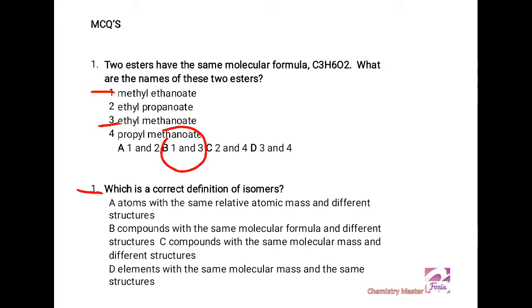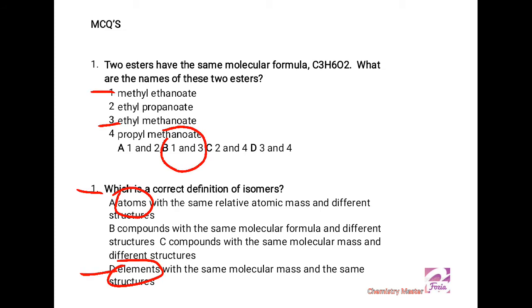The next MCQ is, which is the correct definition of isomer? So let's read all the options. A, atoms with the same relative atomic mass. It's not about the atoms. It's about compounds. So again, the elemental option is also omitted.